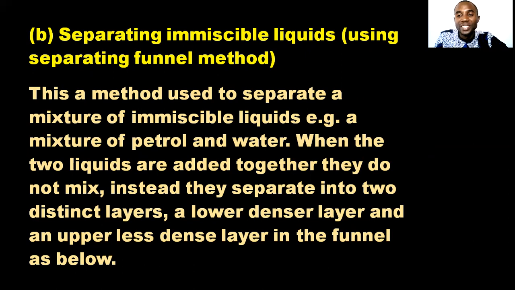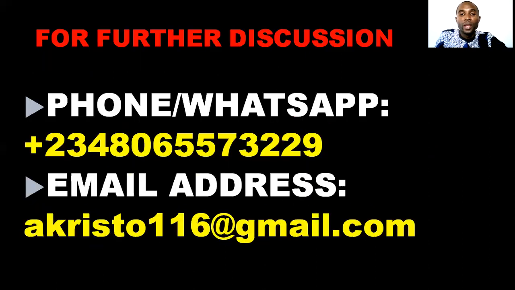They are both liquids, but they are not miscible. When the two liquids are added together, they do not mix. We call them immiscible. Instead, they separate into layers. The lower one will be the heavier, denser one.